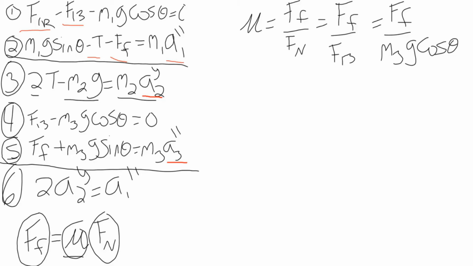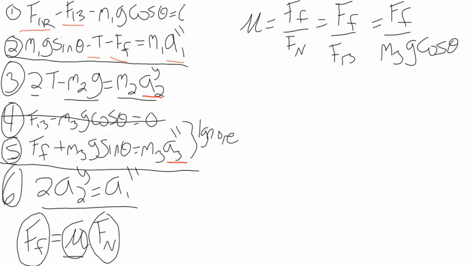I want to start with what I know. I know m1, I know m2, I know the acceleration in the y direction for mass 2, and I know the acceleration of mass 1 now through this relationship. So I know the most stuff about masses 1 and 2, so I'm going to ignore this one for now. If I end up needing it later, I'll use it. But I've already used 4, so the information is no longer needed.